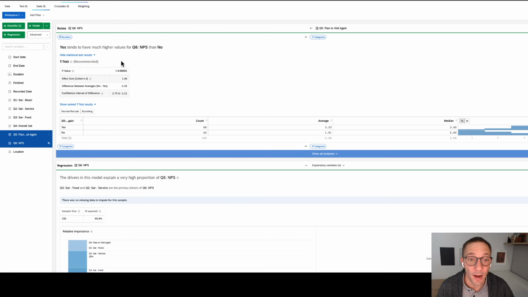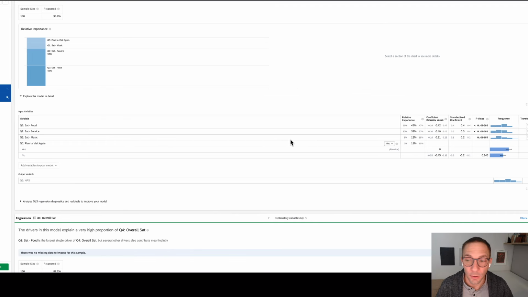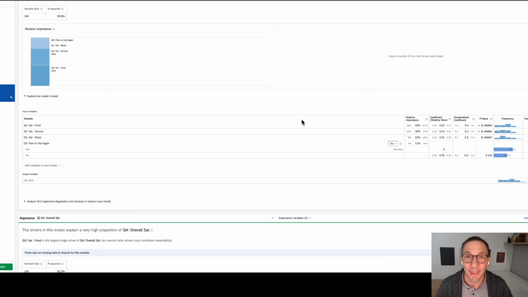It is very significant. So if you're only looking at plan to visit alone, it significantly predicts NPS. But if you include these other variables, they are better predictors of NPS. And so what you're getting here is once you include those, plan to visit no longer significantly predicts.